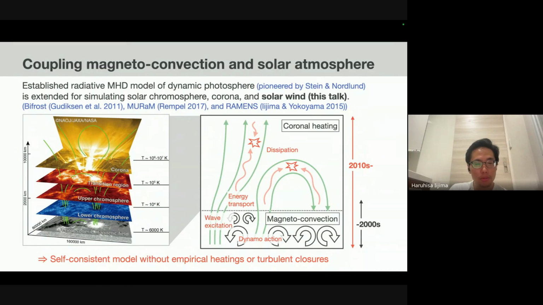So these models are self-consistent, and we need no empirical heating terms or turbulent closures to heat the solar corona or accelerate the solar wind.